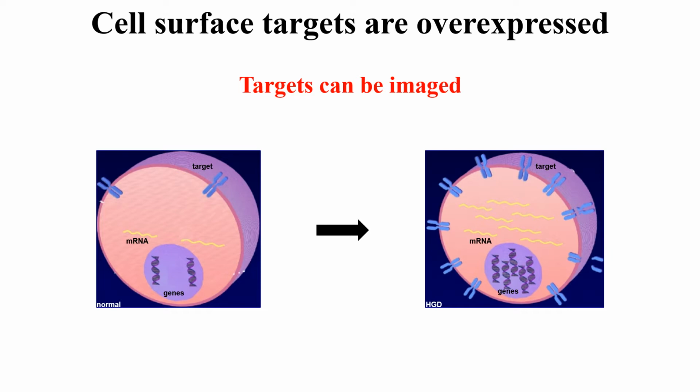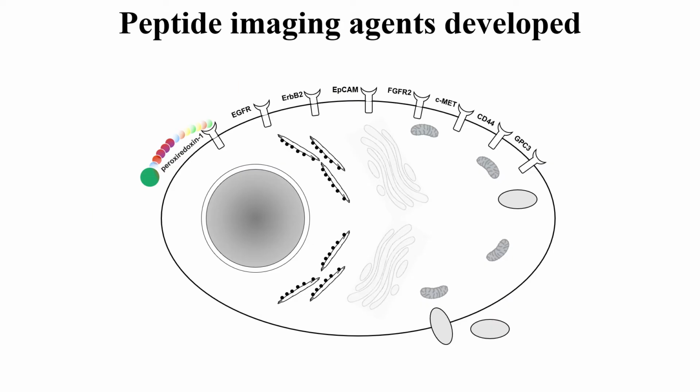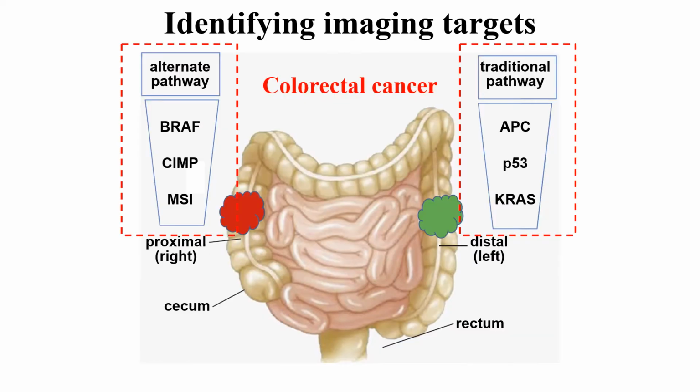There are a number of ligand platforms that can be used to target these proteins, including antibodies, aptamers, lectins, and peptides. We are developing peptides as imaging agents and labeling them with fluorescent dyes to provide high contrast for imaging in the clinic. In this slide here, we're showing a list of the different targets which we have developed peptides for, and we'll be using them in our demonstration.